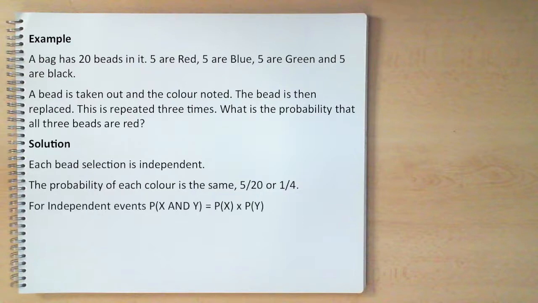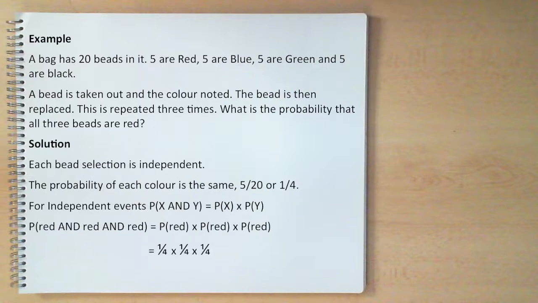For independent events, the probability of x and y occurring is the probability of x times the probability of y. In this example, what that equates to is that the probability of red and red and red equals the probability of red times the probability of red times the probability of red, or 1 quarter times 1 quarter times 1 quarter, which is 1 over 64.